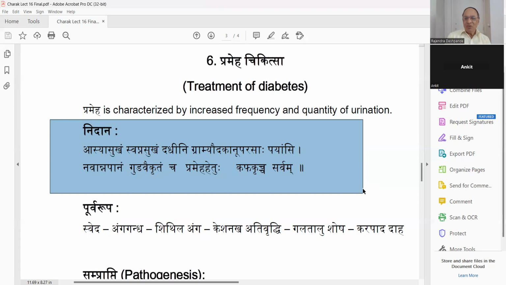Asya sukham swapna sukham dadhini gramya udak anuparasaha payansi navannapanam gudavikrutam cha prameha hetu kaphakrit cha sarvam. Very interesting. I will read it again.